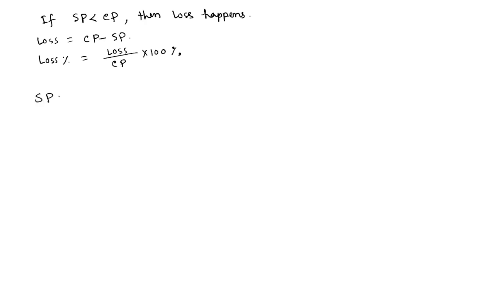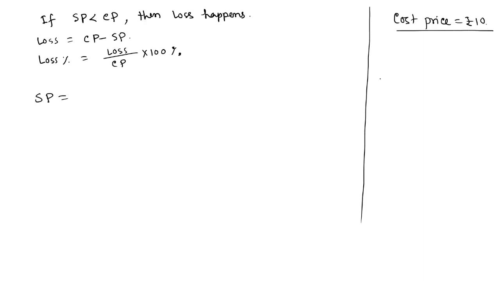SP is nothing but, suppose, let me give another example, the same example. Our cost price of the pen is rupees 10, right, the cost price is 10, and suppose I got a profit of rupees 5.